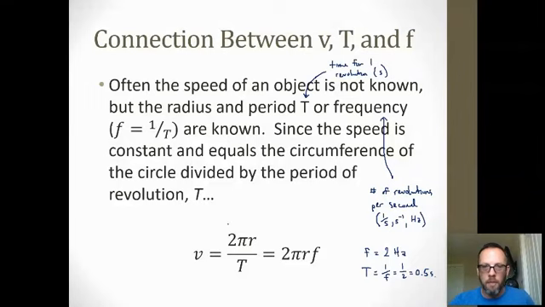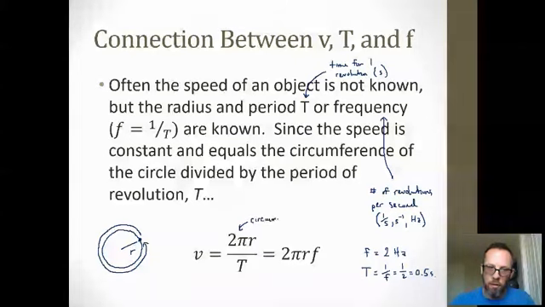So we can connect the speed of uniform circular motion with the frequency and period this way. Remember, guys, speed is just distance over time. Think about uniform circular motion. As an object goes around the entire circle, what distance does it travel? Well, it travels the circumference of the circle, which is 2 pi r.